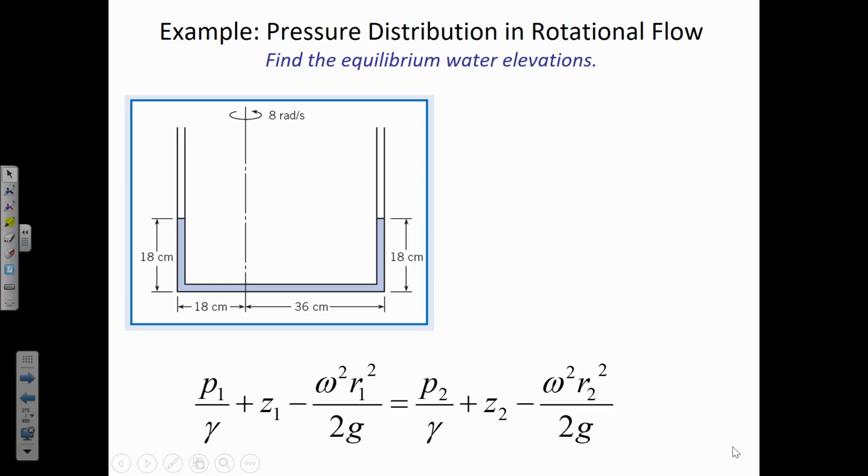If we're saying that this bottom leg is our elevation datum, the Z2 can't be negative. The water can't go below the outside boundary of that tube. So where's the water going instead? When we start to spin it, it's got 2 centimeters, then it's got 1 centimeter, now it's at 0.